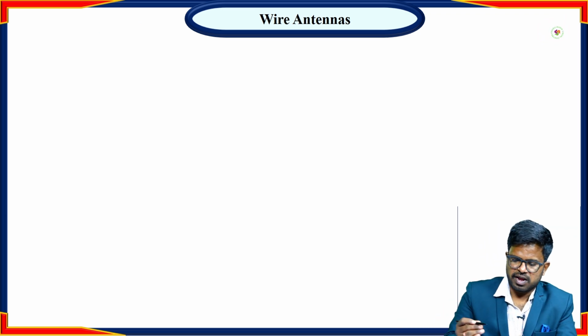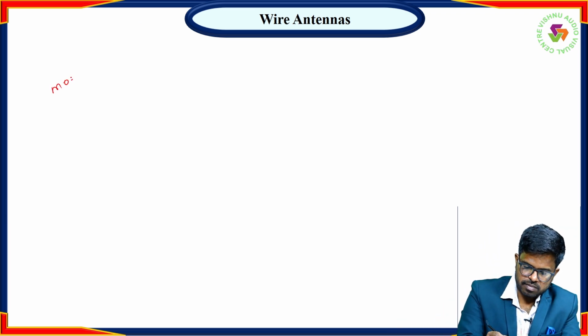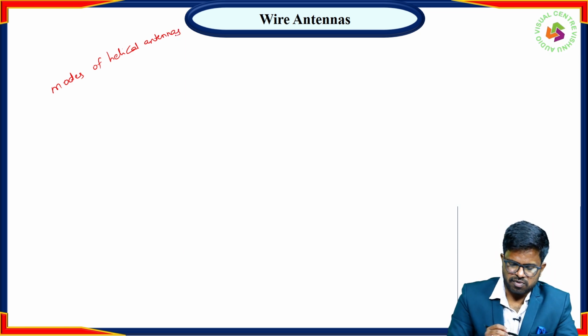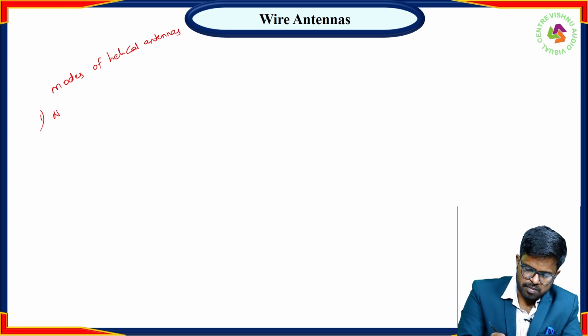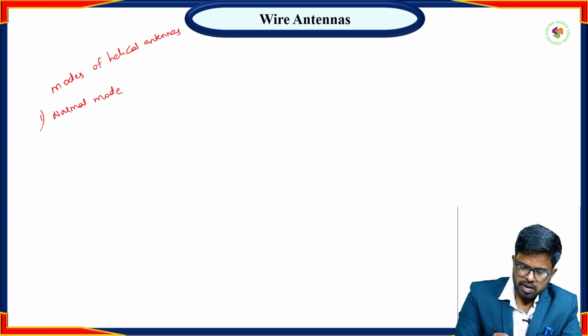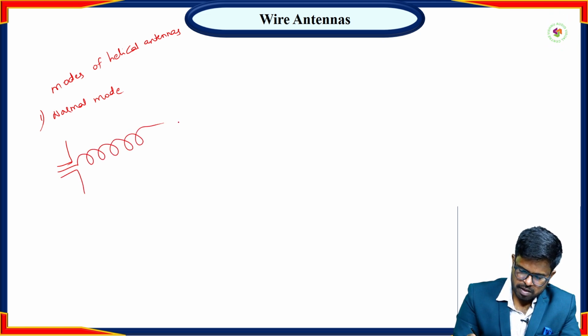Coming to modes of helical antennas. Normally there are two types of modes. The first one is normal mode. In the case of normal mode, your helical antenna diameter is very small compared to lambda.